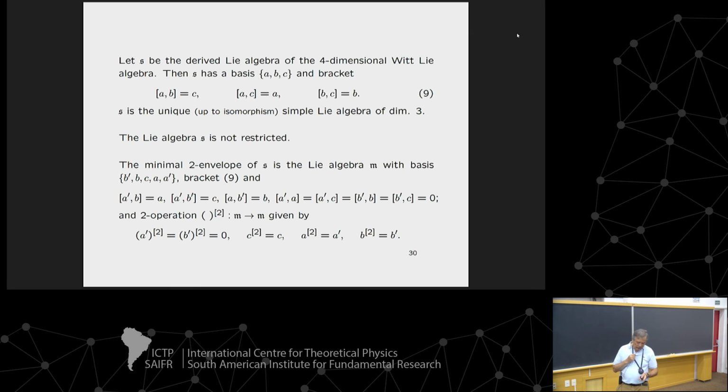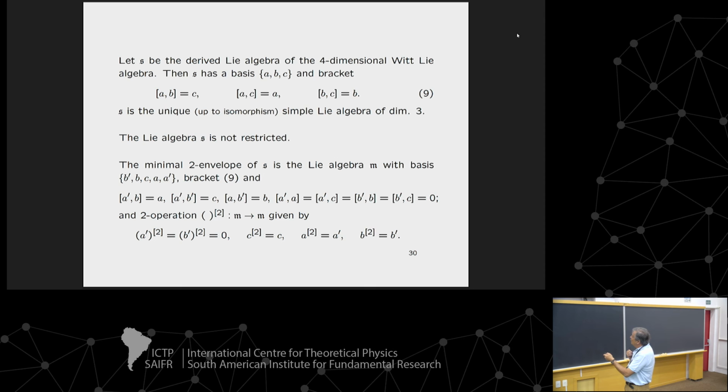The bracket is given as before by the same relations, [A,B] is C, [A,C] is A, [B,C] is B, but you also consider the following relations. [A prime, B] is [A prime, B prime] is C, [A, B prime] is B, etc. All these are 0. So this is the brute force extension of a non-restricted Lie algebra to a restricted Lie algebra. And this has a 2-operation, meaning this is restricted, and is given by this rule.